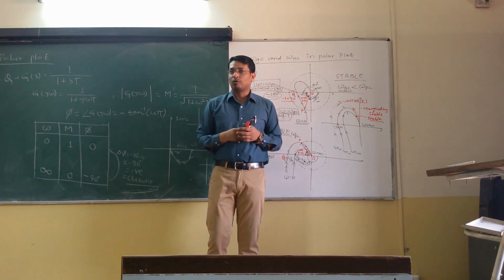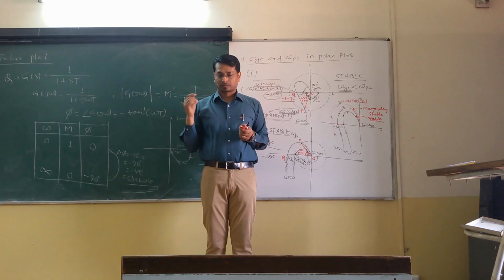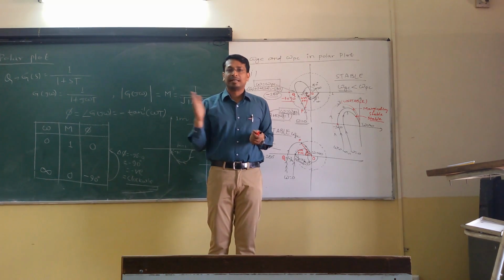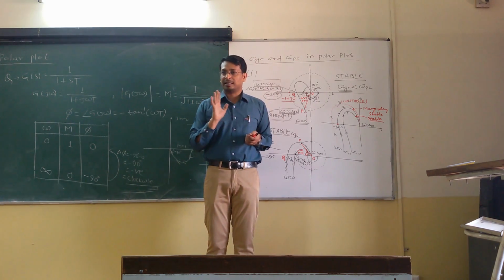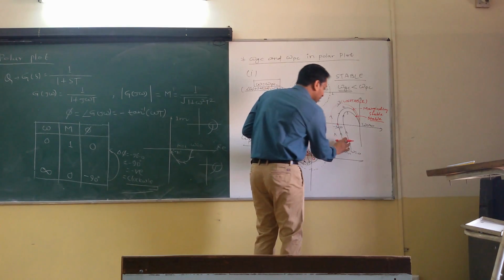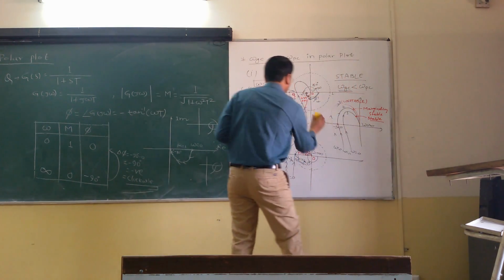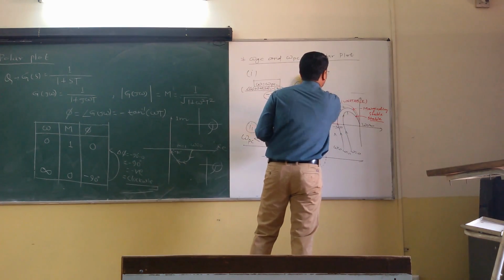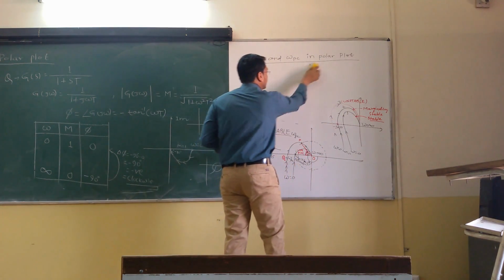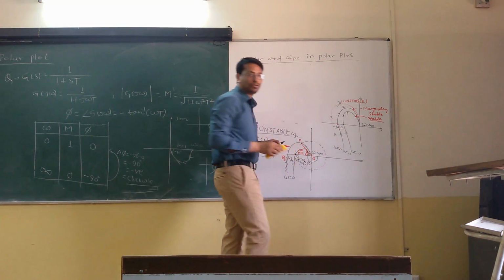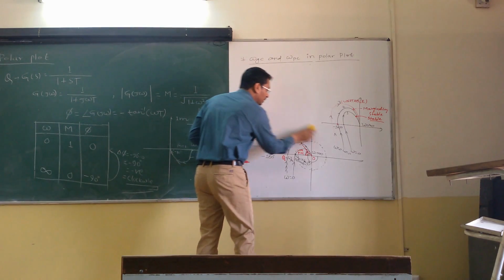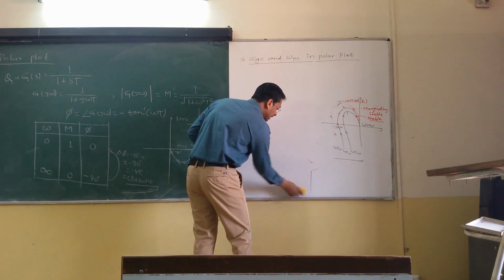So whenever the value of gain K is increased, your system tends towards instability. Correct? So suppose you are having a system. Means I am going to say, since the nature of all these three curves, all these three polar plots are same.